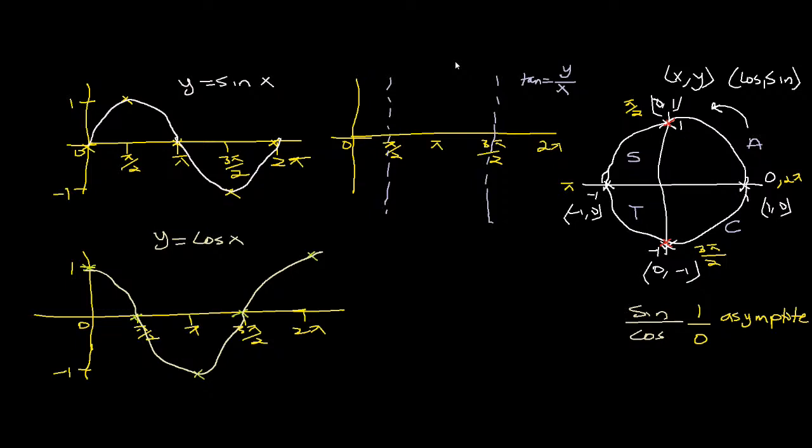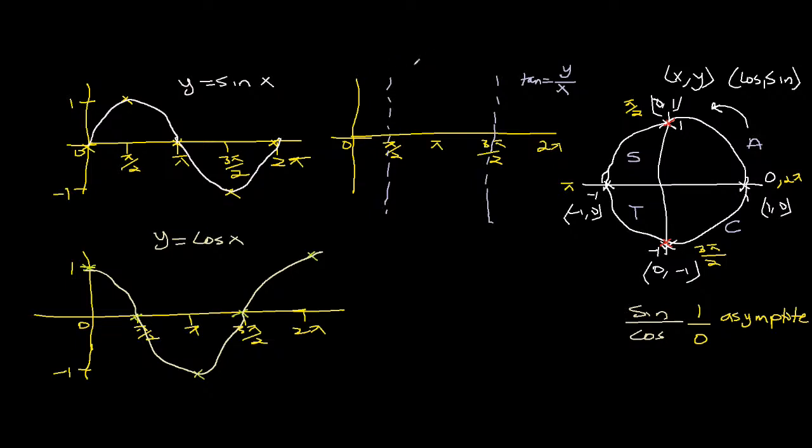So let's go ahead and try to figure out what we're going to do with our tan graph here. If you look at our tan graph here, we start off at 0 because sine over cosine is 0 right here. I'm going to use a different color here just so we can see it more clearly.